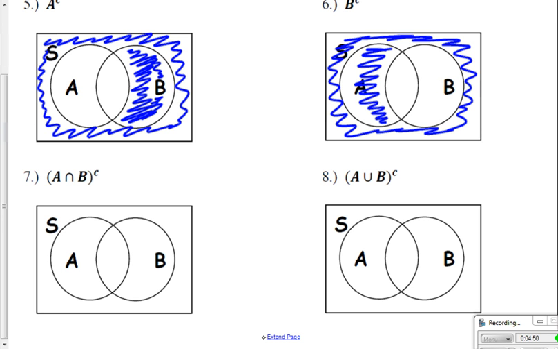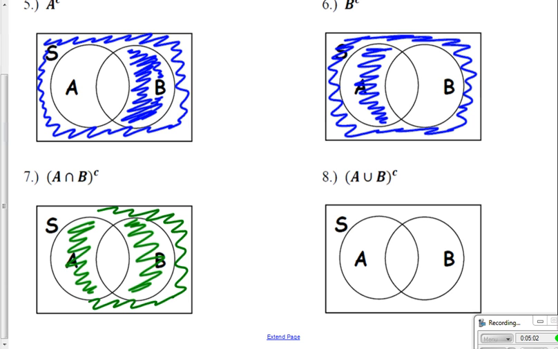Well, the intersection, as you recall, was this overlap part in here, and so we want to do the opposite of that. So that would be the part out here, and here, and then anything that was in the sample space that wasn't in A or B. So the complement of the intersection. And the complement of the union, well, the union is everything in both. So this would be the complement of the union.